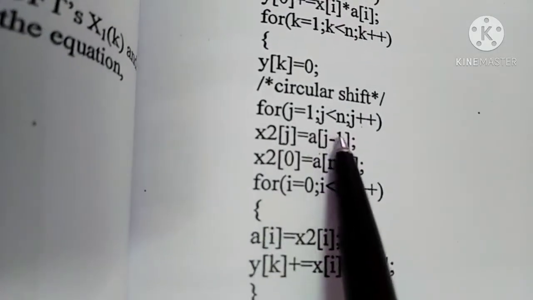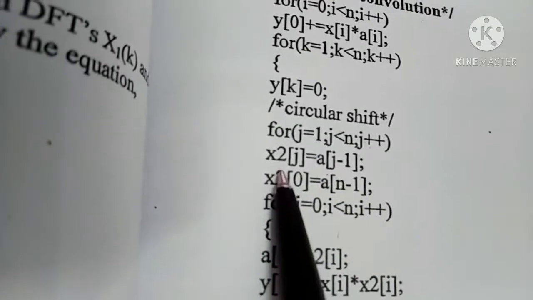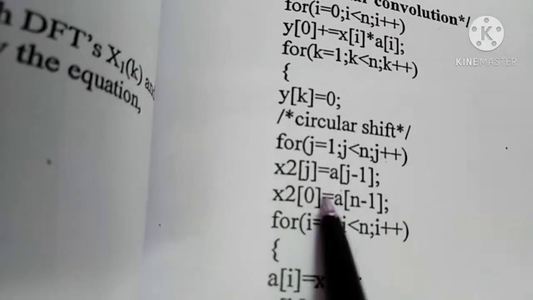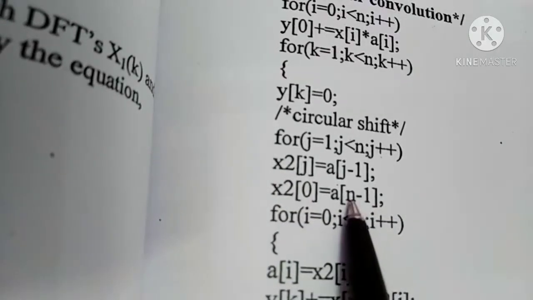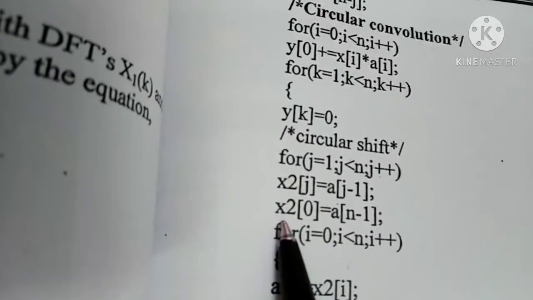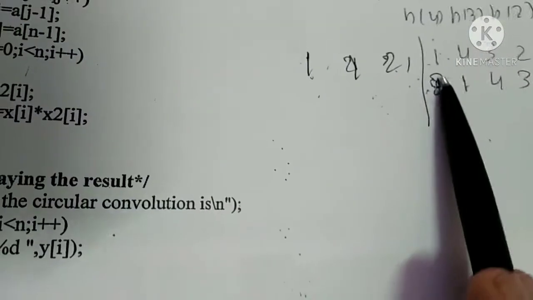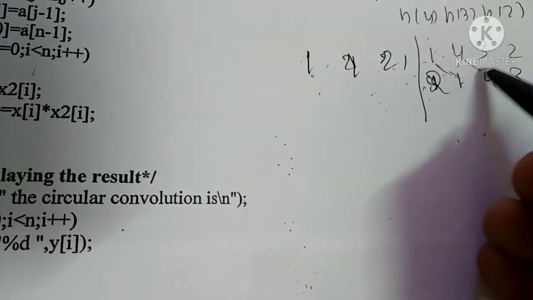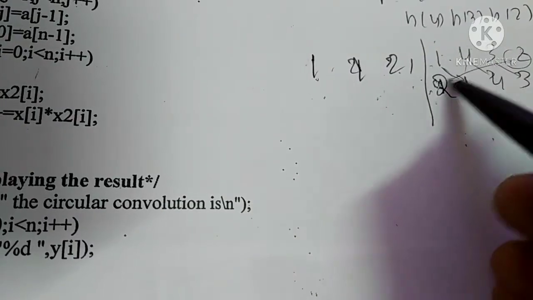In the jth position we are taking the j minus 1 term. At the end, the last term present in the last position will be taken into the first place. So first we shift these values, and the last one we take at the start.